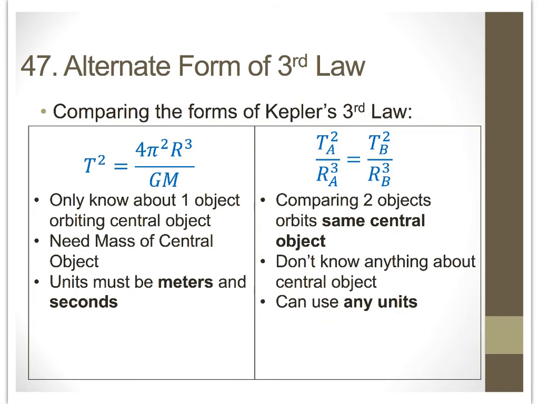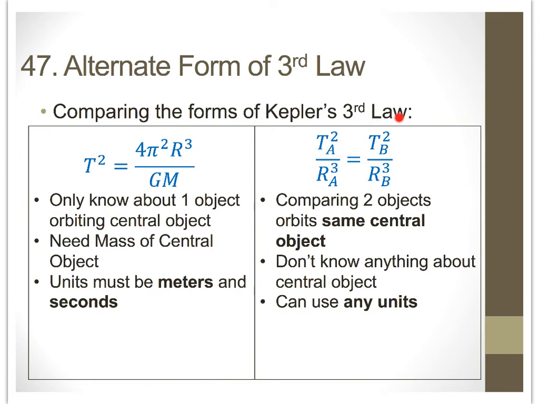Before we do a few problems, I want to talk about the difference between the two versions of Kepler's third law. The first version we learned, we use when we're only concerned about one object orbiting the central object. We will need the mass of that central object to complete this, and we need to have our units in meters and seconds.